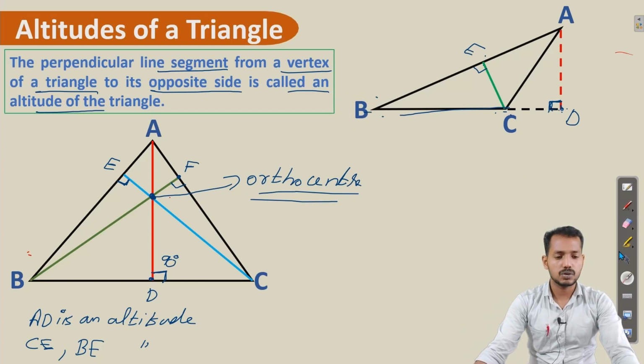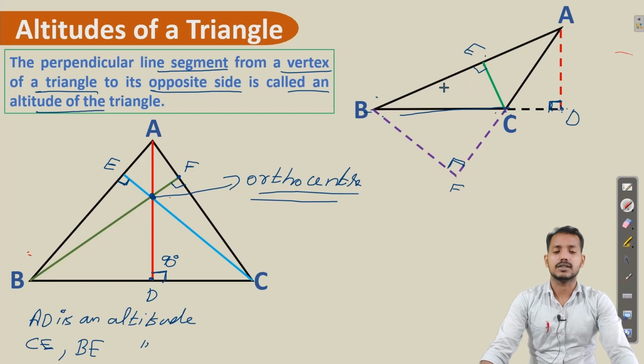Now the third altitude, that is from the vertex B. You see, I drew a line which is perpendicular to AC, and I am going to extend this AC to this point to check whether it is perpendicular or not. We can see that this is perpendicular, 90 degrees, am I right? That means we can give this point as F. So line BF is perpendicular to AC. So the altitude BF lies in the exterior of the triangle ABC.